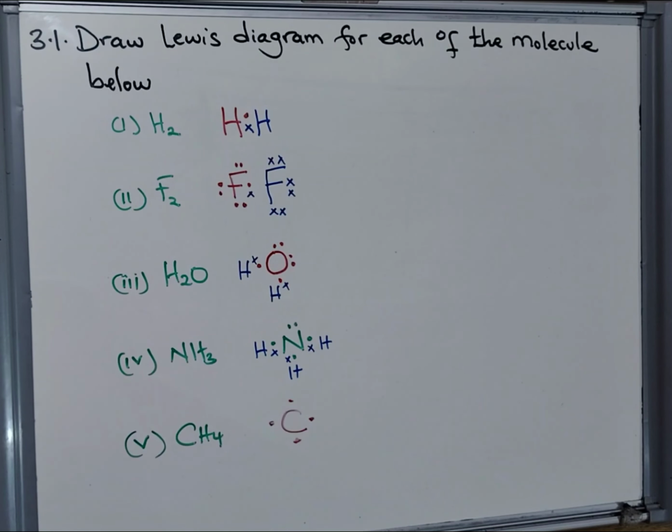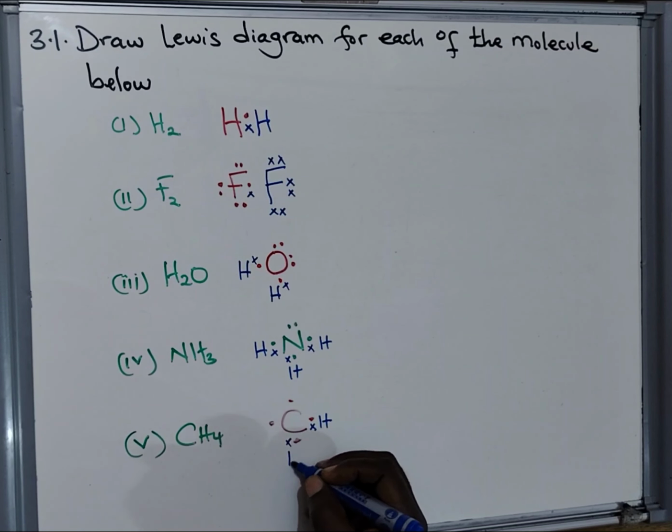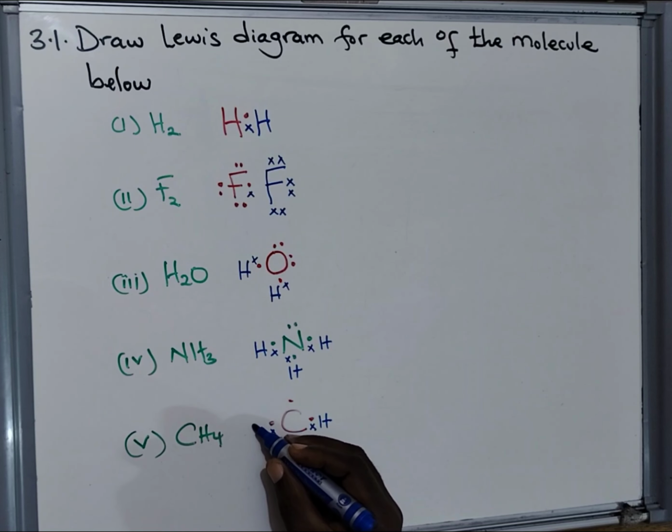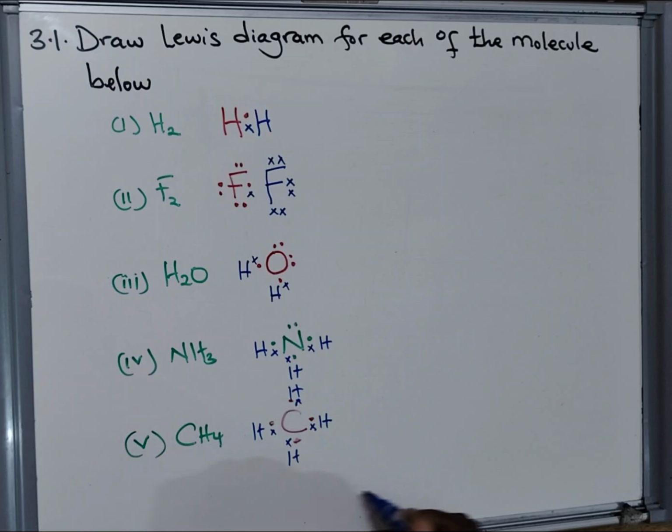If that is true, then you need to know that there are 4 hydrogens attached. Each hydrogen comes and donates its electron. This one comes like that. So this is the Lewis diagram for methane.